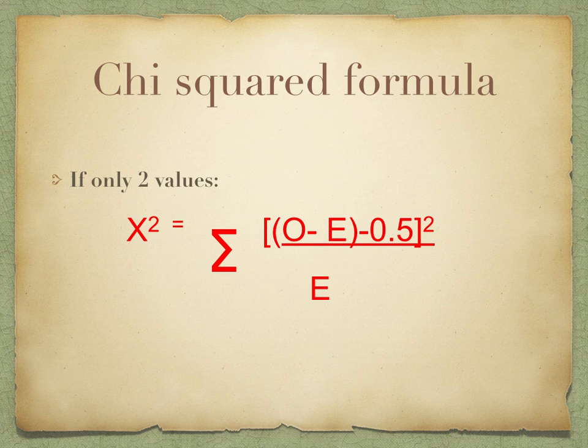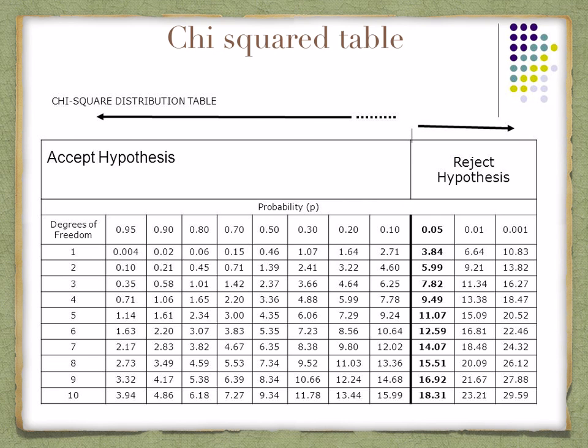Now once you've got that chi-squared value, what do you do? You use it to read off a chi-squared distribution table. And this is used to determine whether any deviation from the expected results is significant or not.